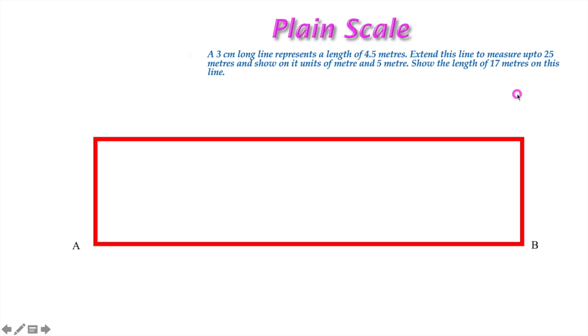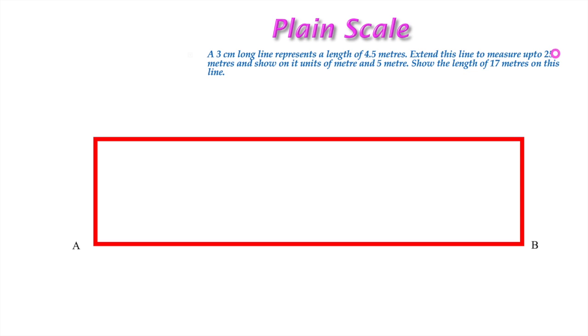Now, let's see how to perform this. Let's consider we are taking a line AB. AB is equal to this 25 meters.